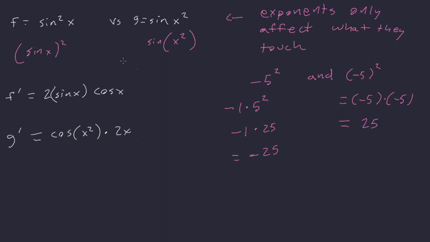Very different things, even though they're very easy to confuse. Okay, but just remember, exponents only affect what they touch. If they touch a parentheses, they affect everything in the parentheses. If they don't, they only affect the number or variable or function or whatever it is they are actually touching. Okay, so hopefully that helps with some of these weird notation things you might run into.